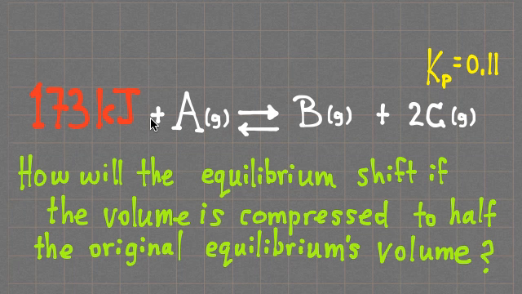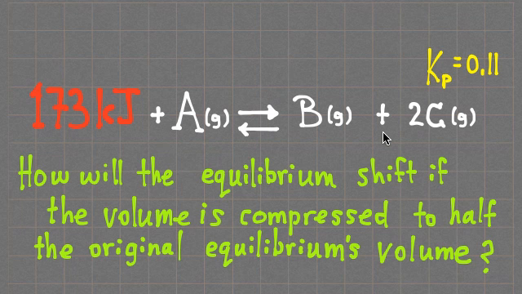She was content with the 2 moles of gas here, 1 mole of gas here, 1 mole of gas here in an equilibrium to give Kp 0.11. Yes, so decreasing the volume increases the pressure and the partial pressures in a sense because we're in a smaller space. So what nature will do is she'll try to go away from that. She'll try to shift away, do whatever she can to lessen that increased pressure that you're imposing upon her.